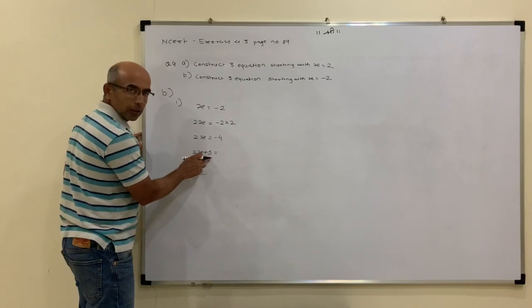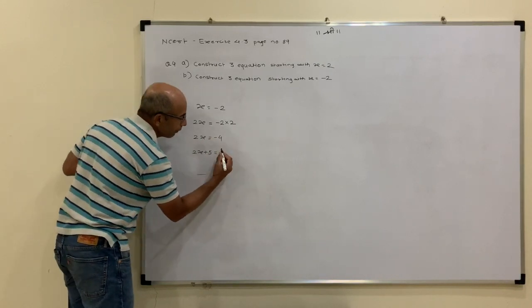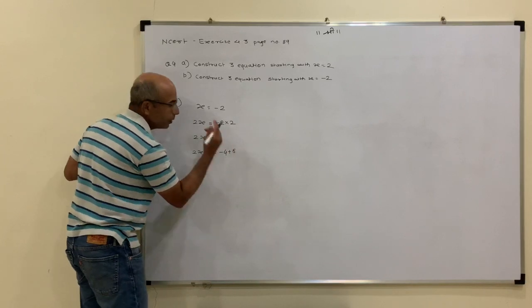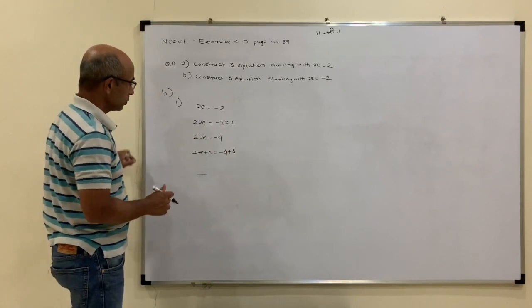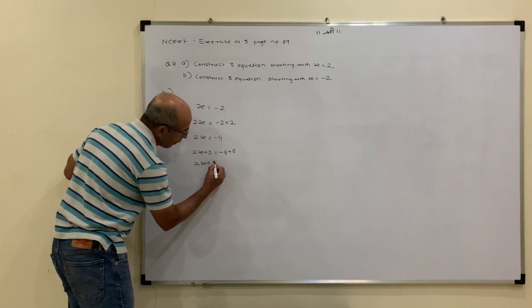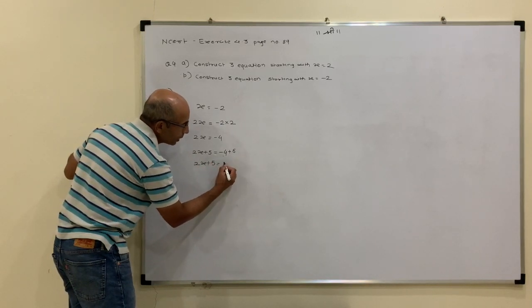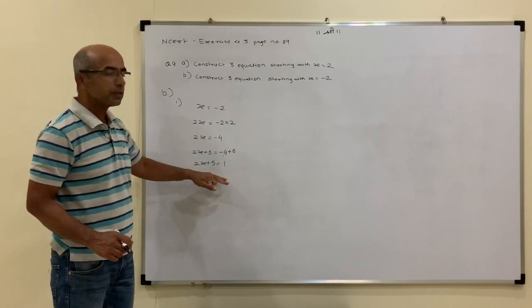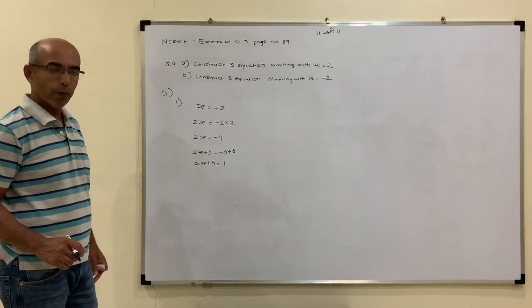Since I am adding on the left hand side, to maintain the equality, I will add the same number on the right hand side. So my next step will be 2x plus 5 equals minus 4 plus 5, which comes out to be 1. So my equation is 2x plus 5 equals 1.